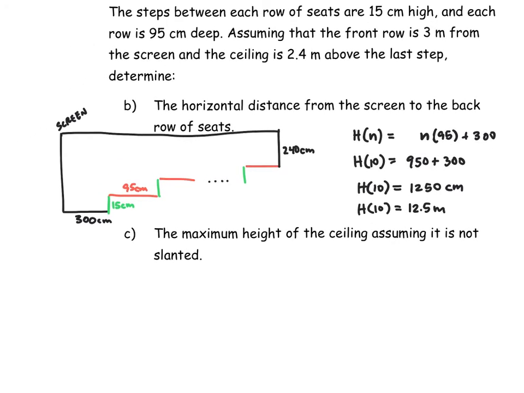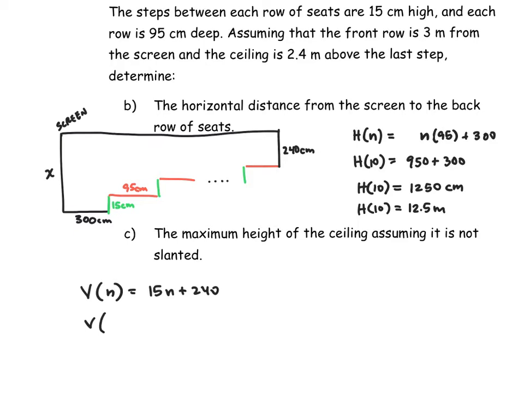Okay, let's look at the max height of the ceiling. Well, the max height of the ceiling would be the height of this wall, the screen there. So the vertical height of the room, based on n rows, would be 15 times n plus 240.